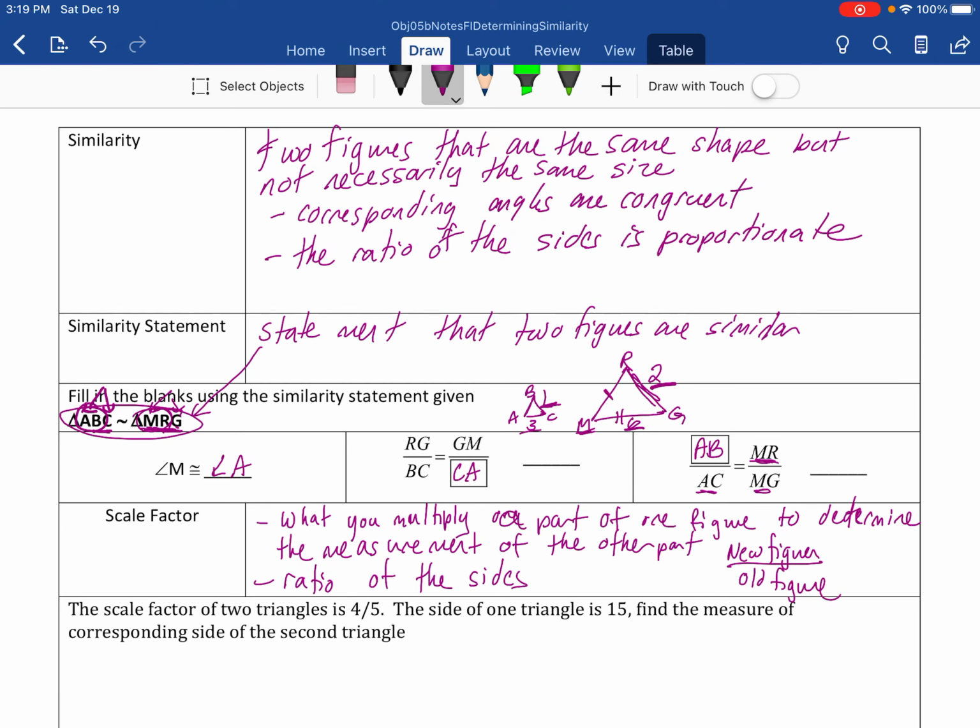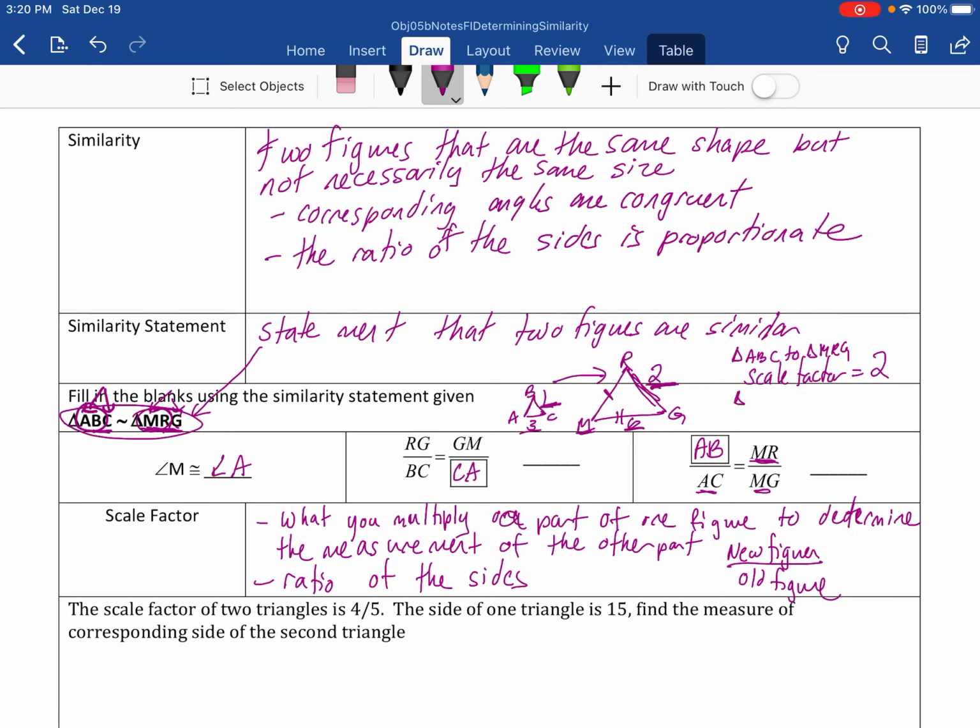So in this case, if I asked what the scale factor was from ABC to MRG, you would say my scale factor would be 2, because it would be 2 over 1. And this would be from triangle ABC to triangle MRG.